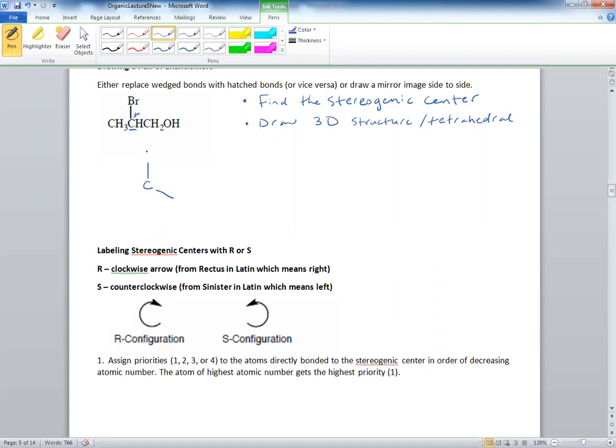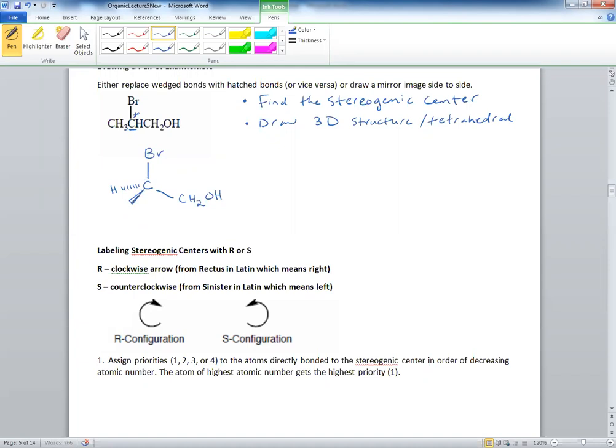So we put the Br, let's say, on the top. What are the 4 different groups? You have an H, you have a CH2OH. And if you recall, there's a hashed wedge, which means it's in the back. We'll put the H there, and then of course there's a CH3 in a solid wedge.